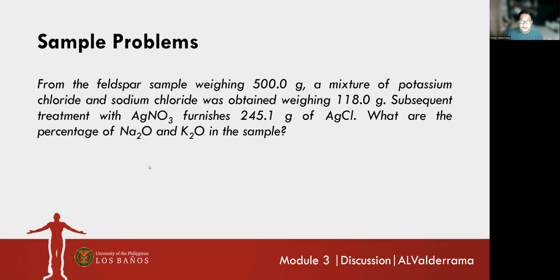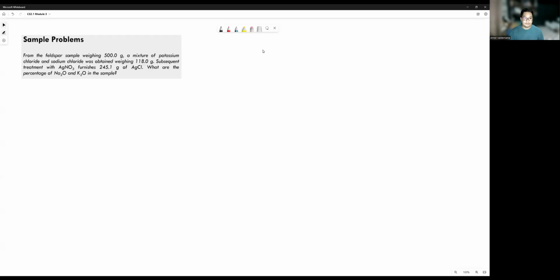Okay, so here comes the sample calculation part. As you can see here, you have a sample of feldspar, and this sample weighs 500 grams.